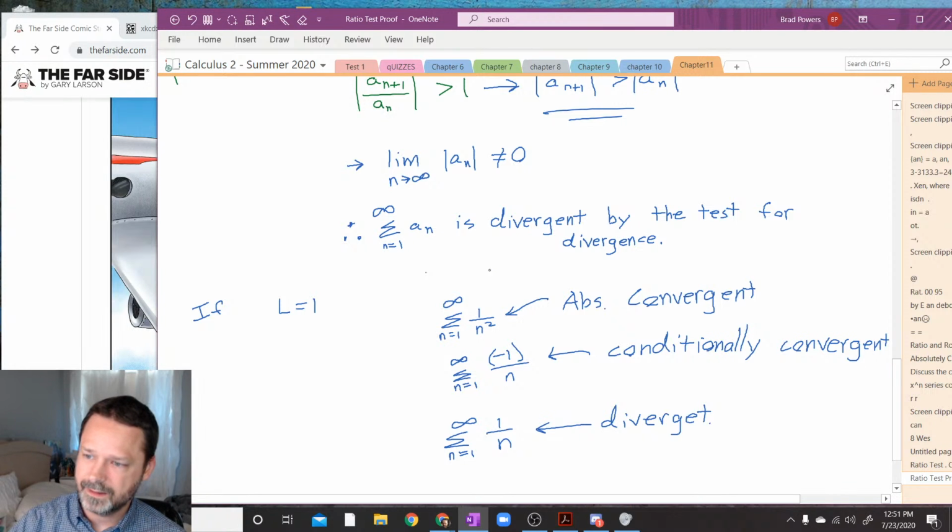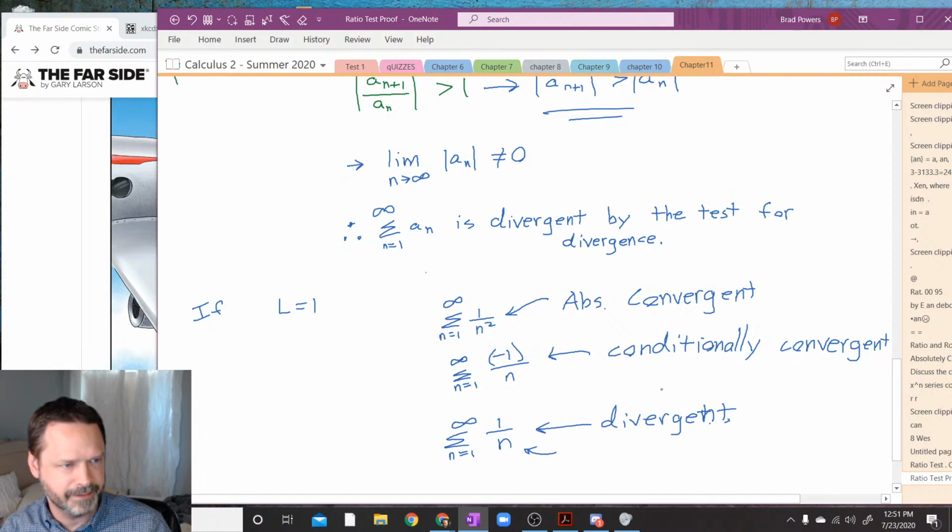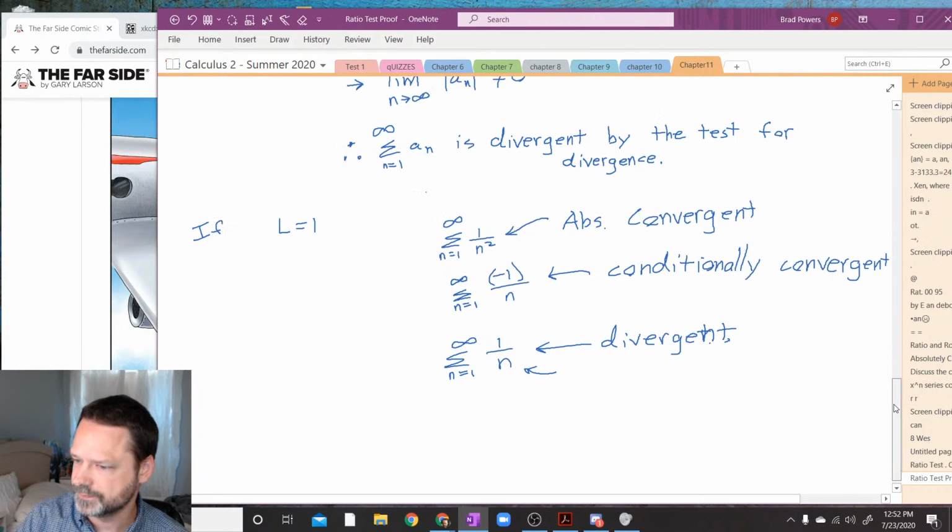Here, this is a convergent p-series. This one, alternating series test. And this one, how about the integral test? There are other ways to prove that one. So divergent.